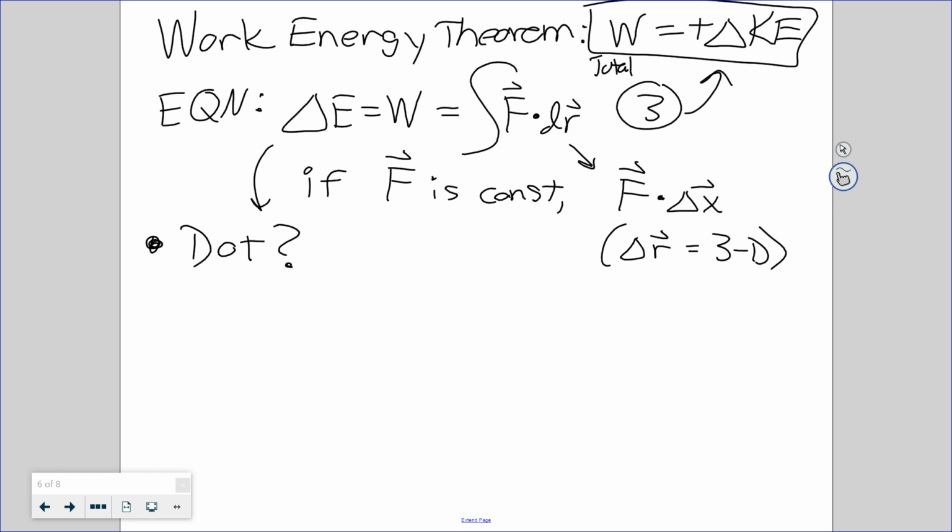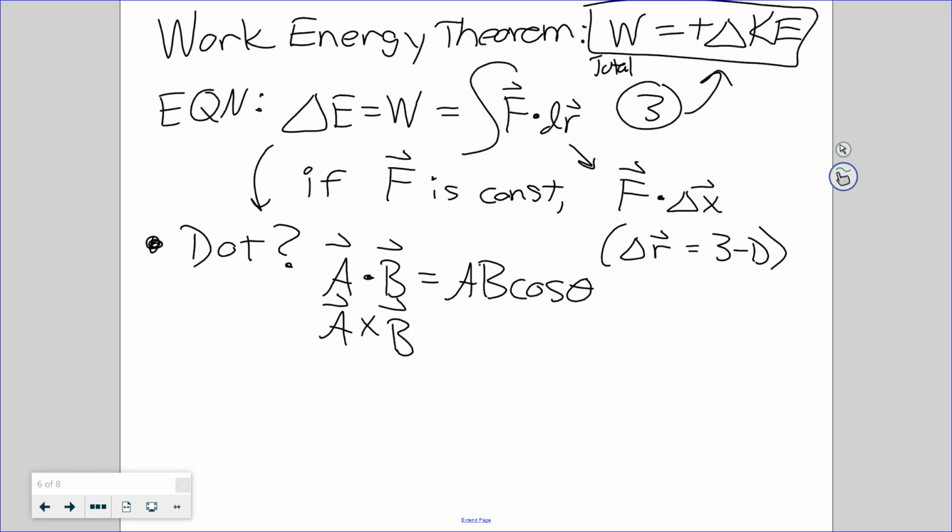On the back page, it says A dot B vectors equals AB cosine theta. It also says, horrifyingly, A cross B equals AB sine theta.